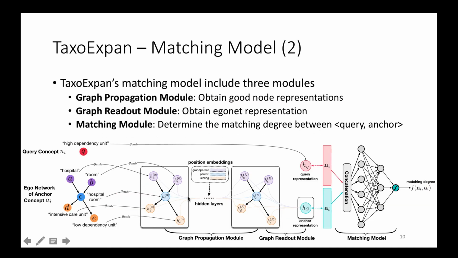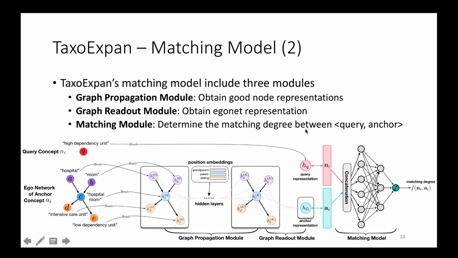Okay. With these two key ideas, we developed TaxoExpan's matching model to include three different modules. The first module is the graph propagation module, which obtains the individual node representation. And then a graph readout module tries to aggregate each node's individual representation into a vector that summarizes the information in the entire EgoNet.